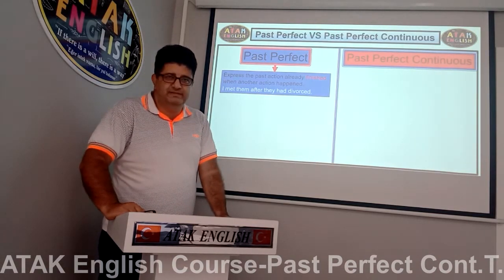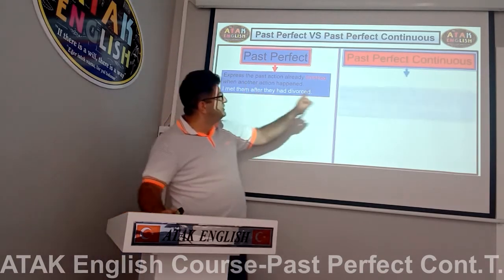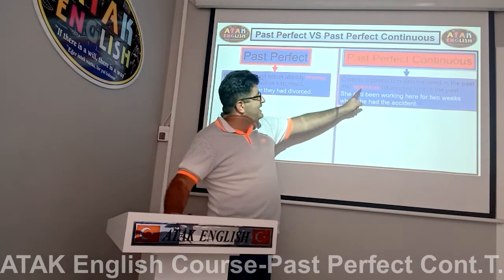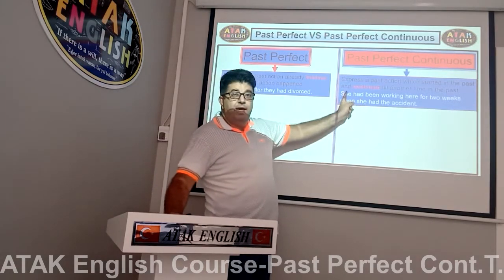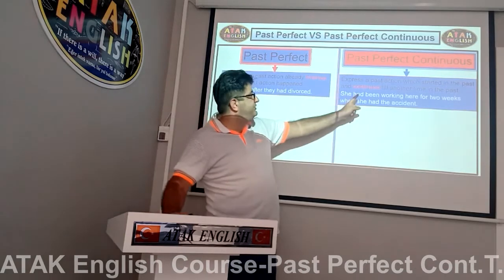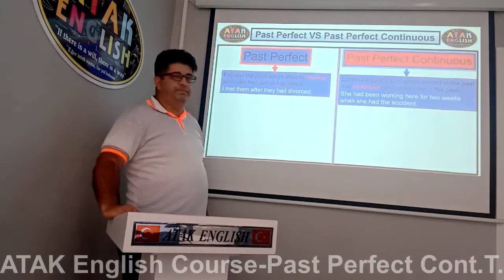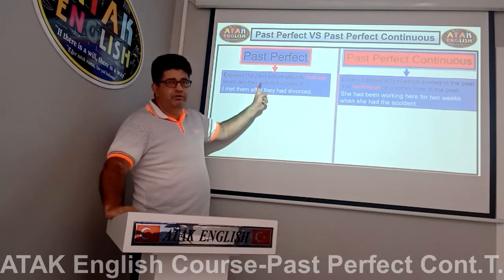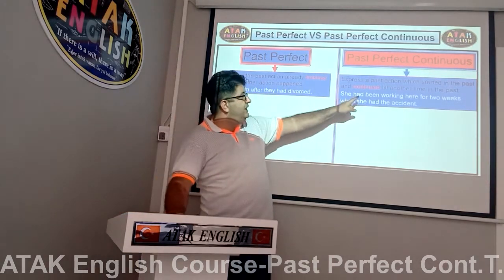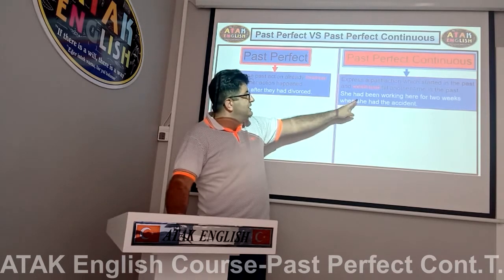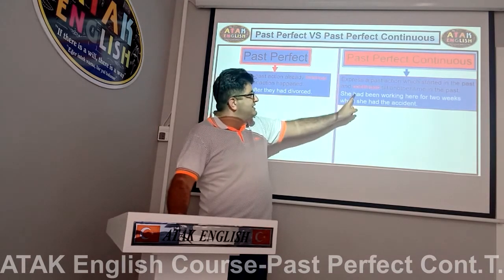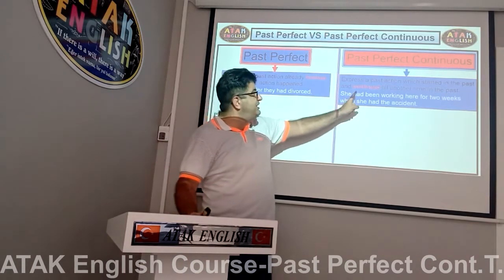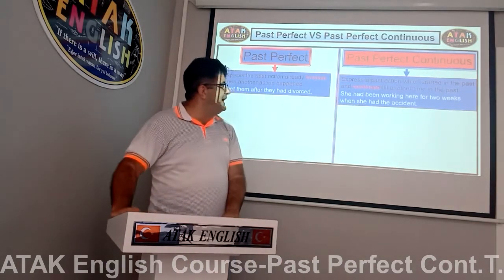In past perfect continuous, on the other hand, it expresses a past action which started in the past and continued till another time in the past. Not like in past perfect, because in past perfect already finished. But here in past perfect continuous, it expresses a past action which started in the past, but continued up until another time in the past.